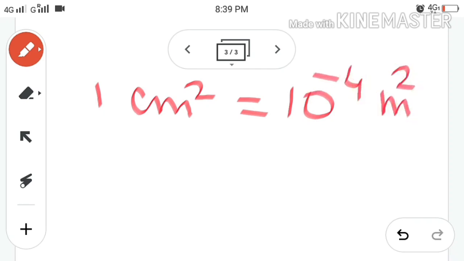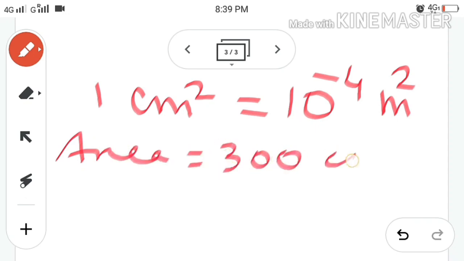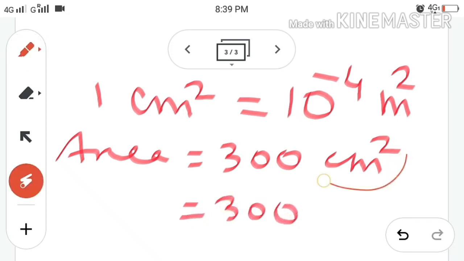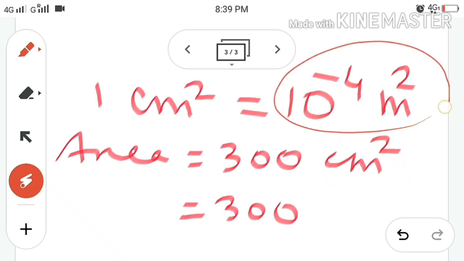Now I want the value of area in terms of meter square. What was the area value? 300 centimeter square. Now I want this value in terms of meter square. So what should I write here? I should write 300. Instead of centimeter square, I will write this value.